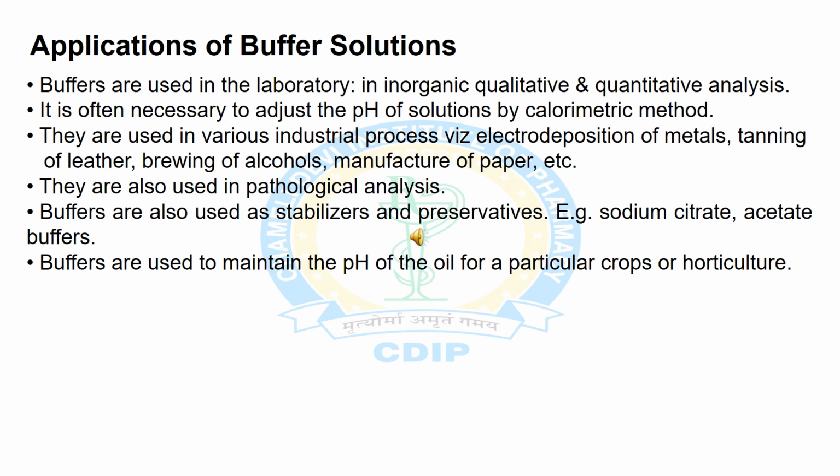Buffer solutions are also used in pathological analysis. They are also used as stabilizers or preservatives, for example, sodium citrate and acetate buffers. Buffer solution can also be used to maintain pH of the soil for particular crops or for horticulture.